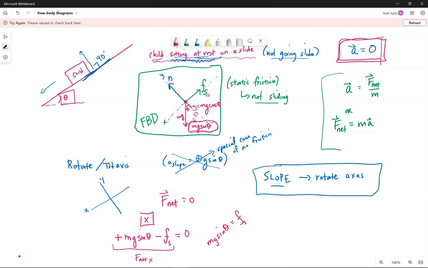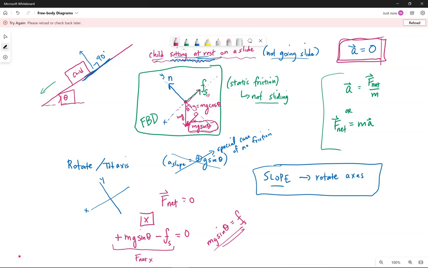You may have noticed that from the beginning, just knowing there's no acceleration, that this down the slope component needs to cancel out or balance out this up the slope friction. That's what this says. The component of gravity pointing down the slope has to equal the friction force pointing up the slope to keep this child at rest.